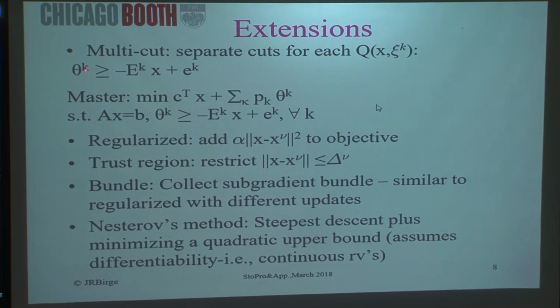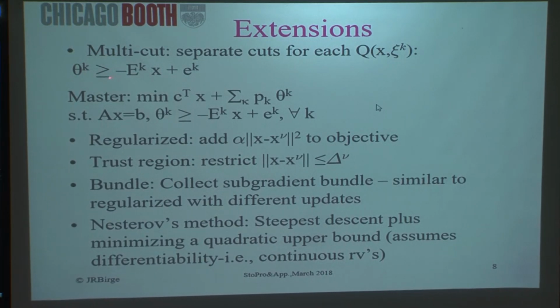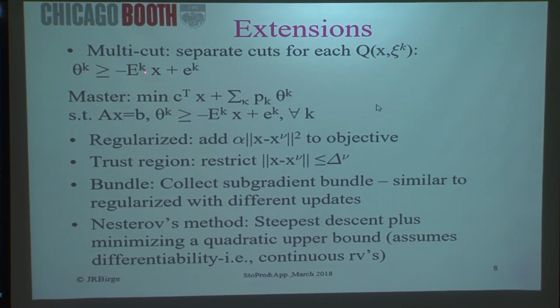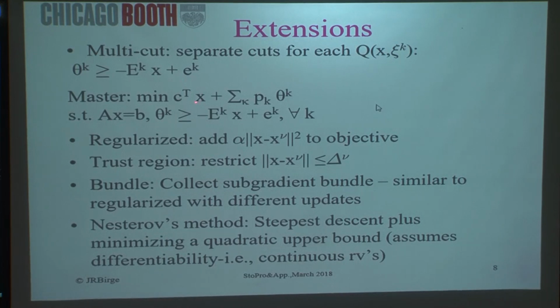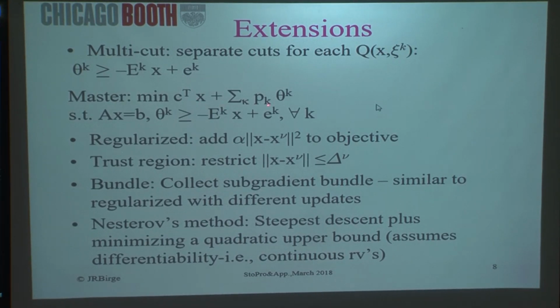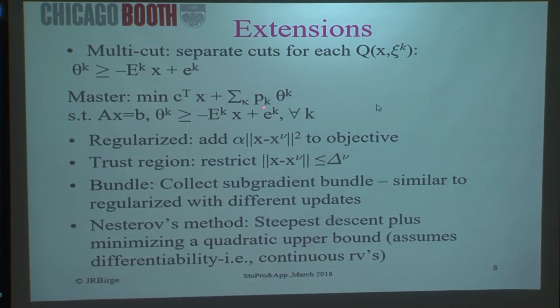So that is, I have a separate theta for each of the possible realizations of this random parameter. And then I put them together with the probability of each of those outcomes into the objective with the different theta.